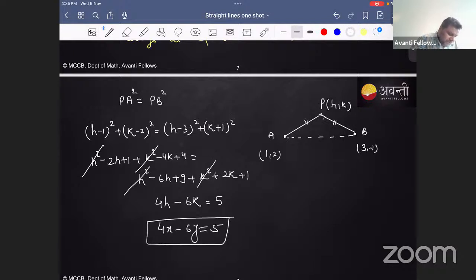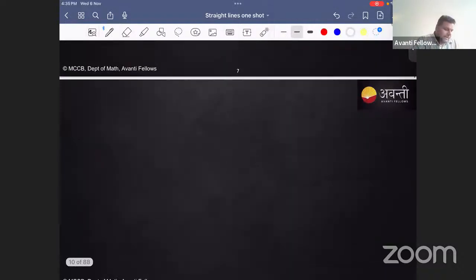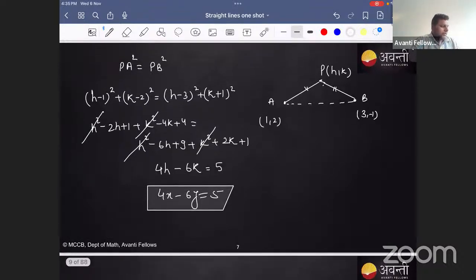This is your answer. 4x minus 6y is equal to 5. Correct? So this is how we calculate locus. Am I clear?